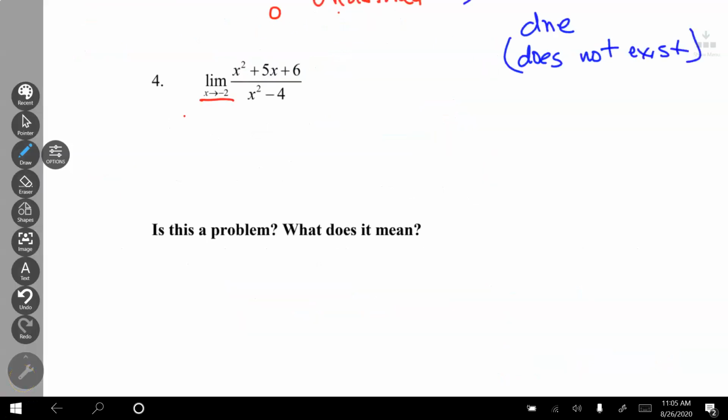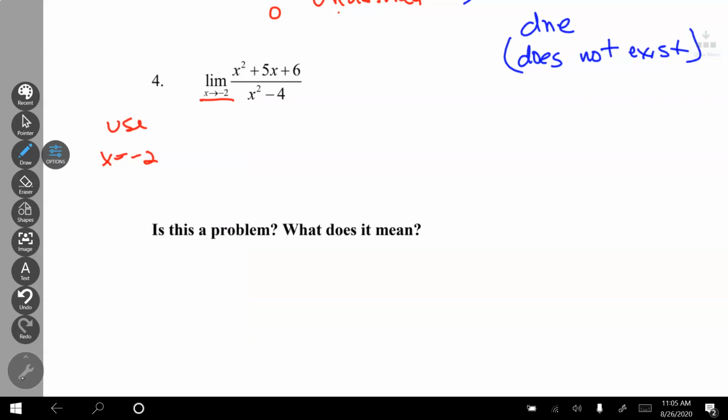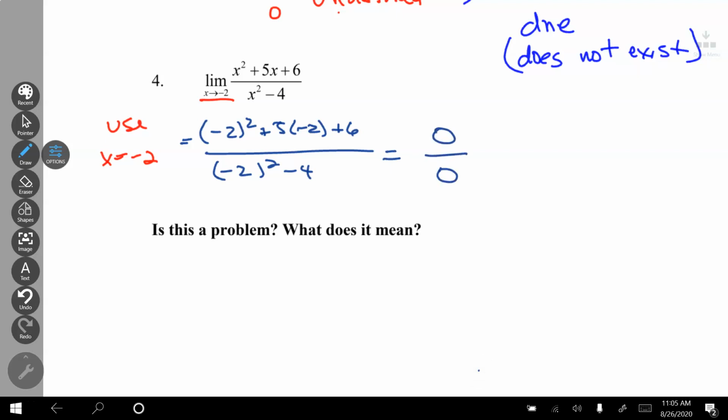So for this next one, I'm going to use x equals negative 2. And I get negative 2 squared plus 5 times negative 2 plus 6 over negative 2 squared minus 4. And I get this 0 divided by 0 business.